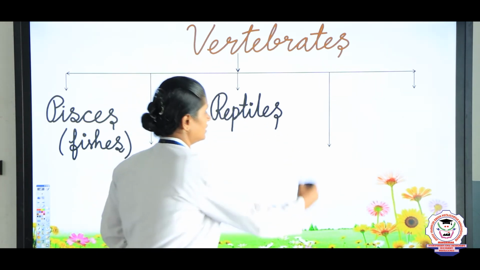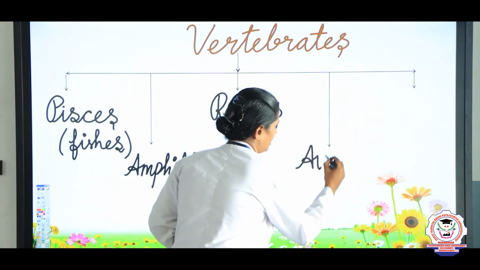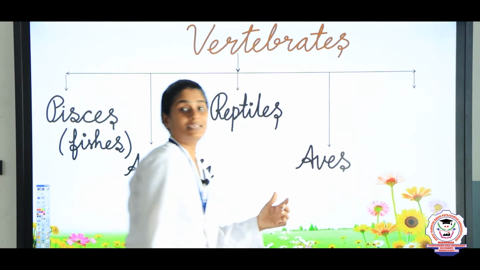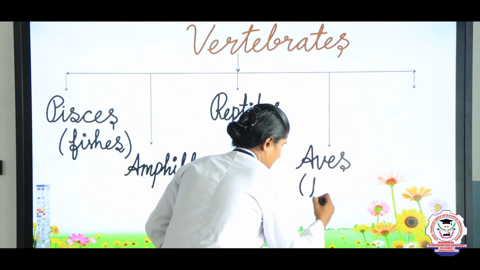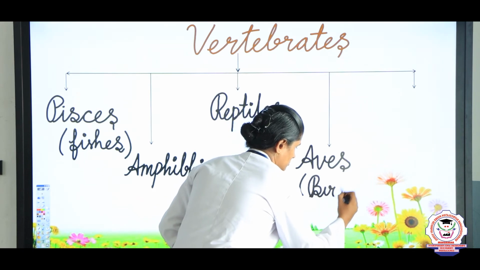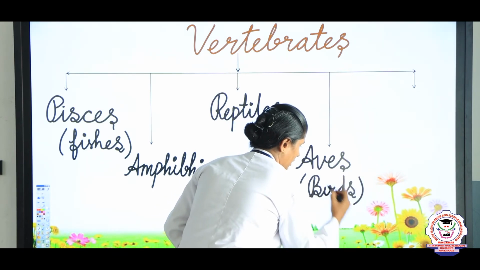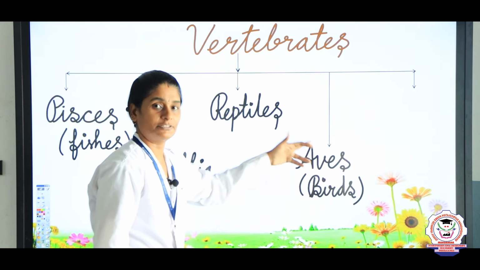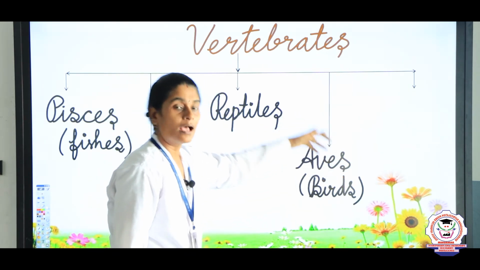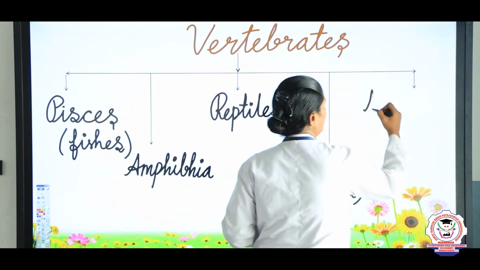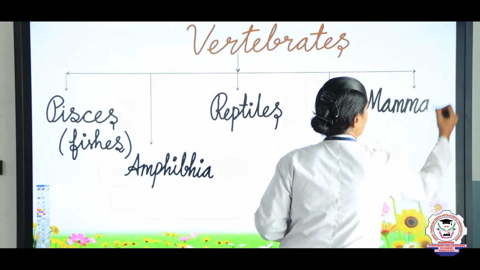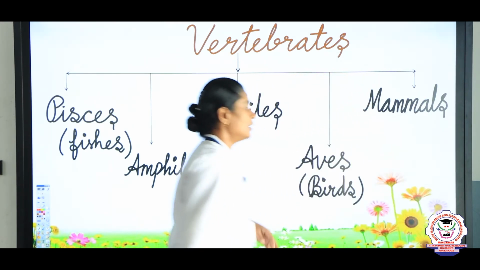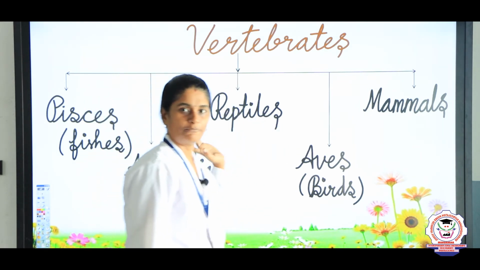And the fourth one is Aves, A-V-E-S. Aves is nothing but it refers to the birds. Birds. And the fifth one is classified as the phylum Mammals, M-A-M-M-A-L-S, Mammals.